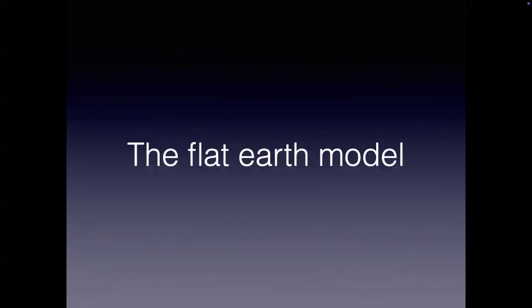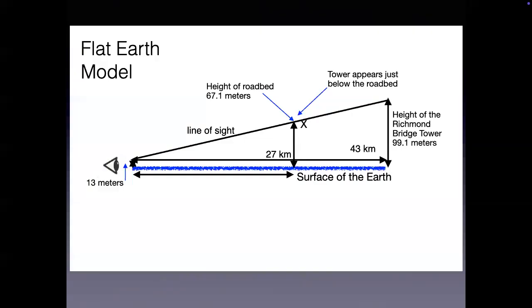So the venerable flat earth model. You use proportional triangles. It's a simple ratio problem. And you can find that the top peak of the Richmond Bridge should be right at the bed of the Bay Bridge.